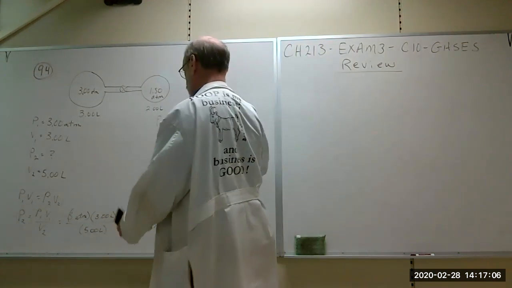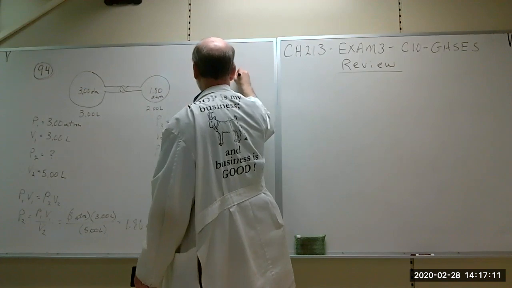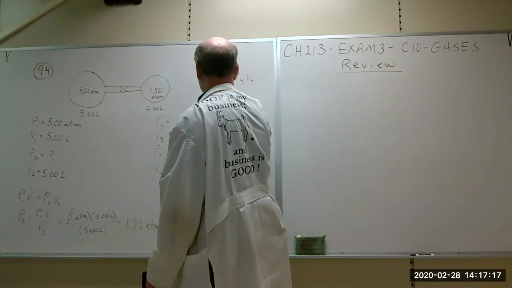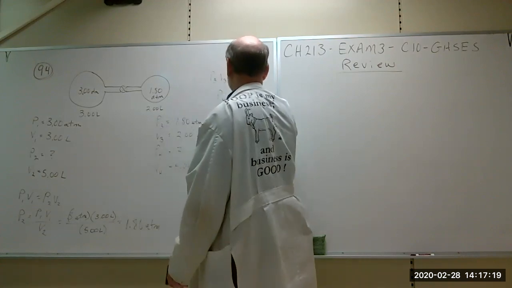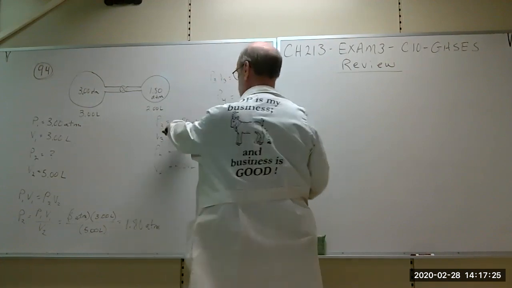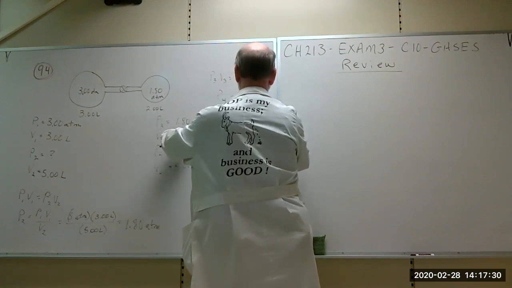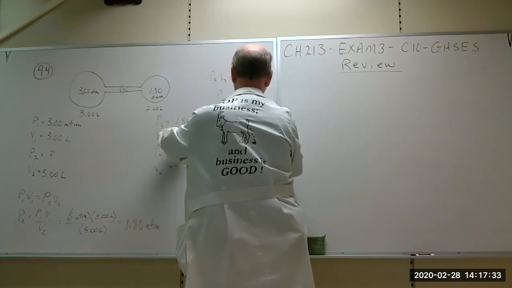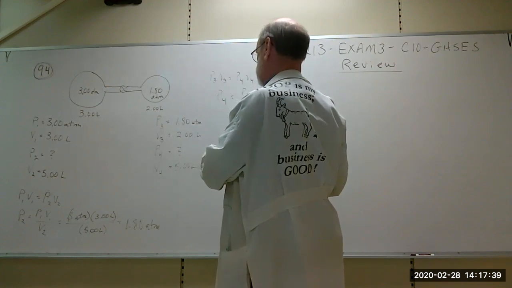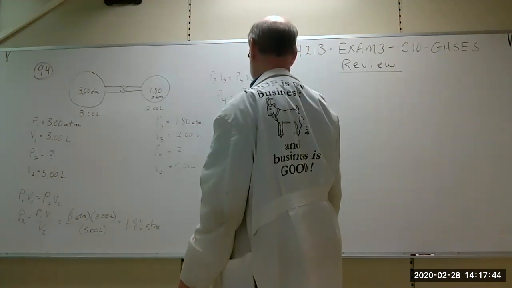So if we say P3, V3 equals P4, V4, and we're solving for the P4 pressure. Here's our pressure, atmospheres, volume 2 liters, final 5. So that's 9/5 again.